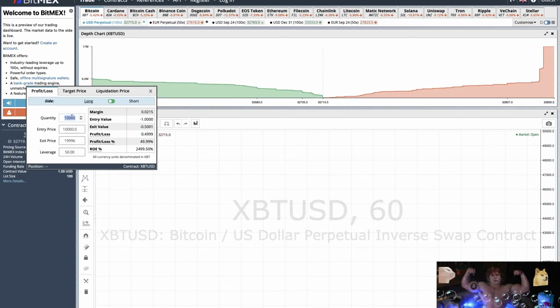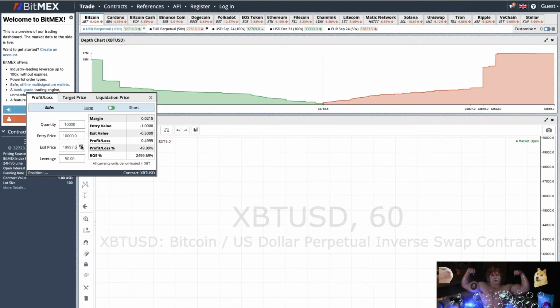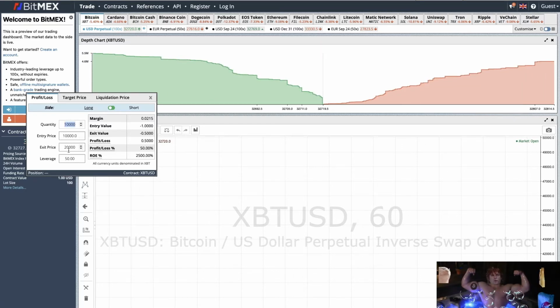When you trade inverse futures, the size doesn't change as Bitcoin goes up. So if I buy $10,000 worth of inverse futures, at $20,000 per Bitcoin, I'll only have 0.5 Bitcoin long open now. Whereas if I traded on linear futures and I bought one Bitcoin at $10,000, by $20,000, I would still have a one Bitcoin long.